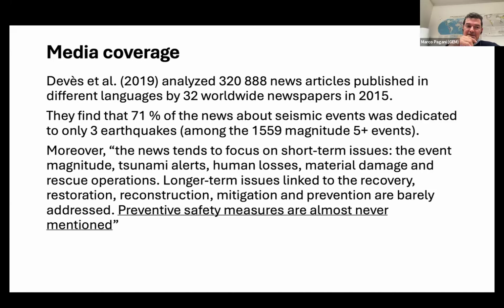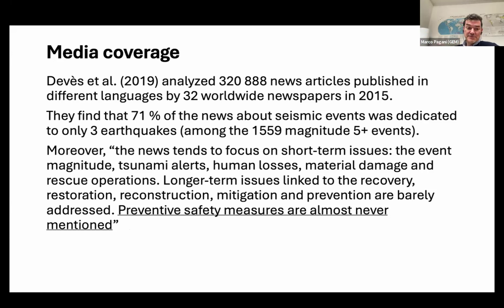What is interesting is that the media in general publish the most sensational part of the event. They are interested in the magnitude, whether there have been human losses, the material damage, rescue operations. And the attention of the media for earthquakes decreases very, very rapidly after the event.